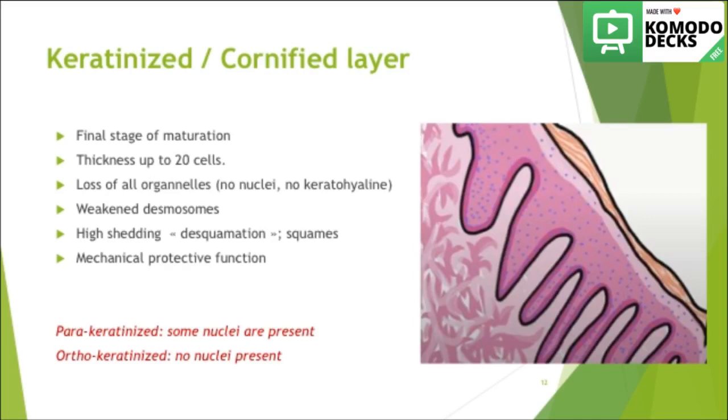The desmosomes are so weak, contributing later to high shedding, or the process of desquamation, epithelial squames that are dead and are shed. This layer serves a mechanical protective function. Parakeratinized epithelium means that we see some nuclei present, while in the orthokeratinized, we don't see any nuclei.